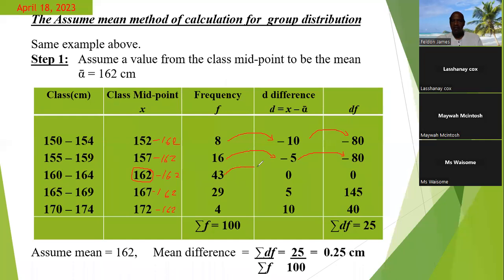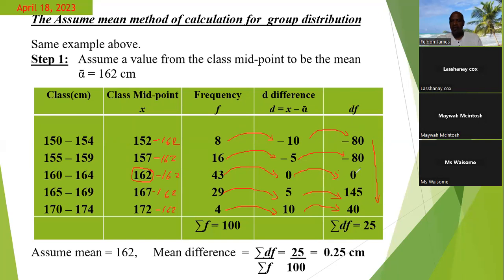You have 43 times 0, and that would give you 0 for your difference times frequency. You have 29 times 5, you get 145. 4 times 10, you will get 40. Now you would add up all of your frequency times the difference.